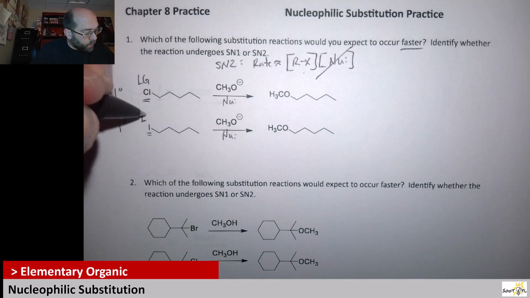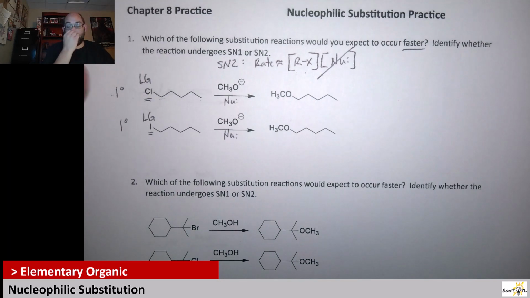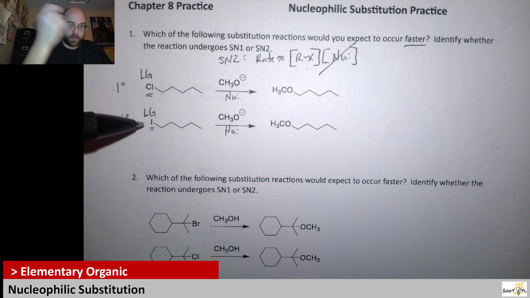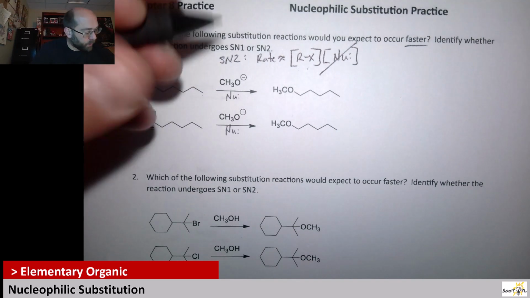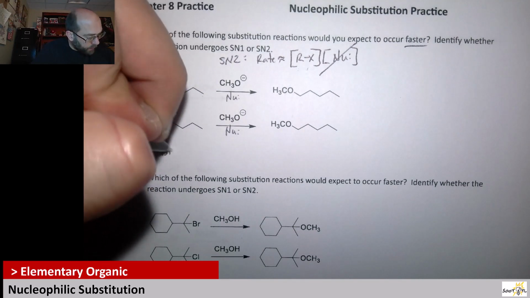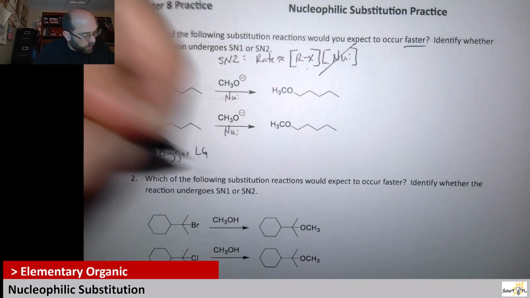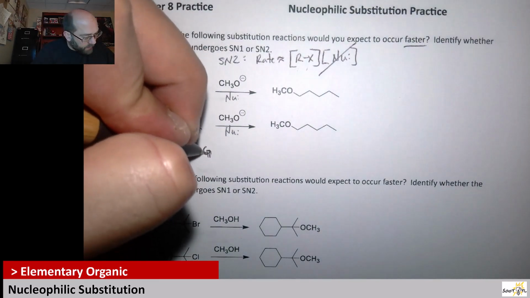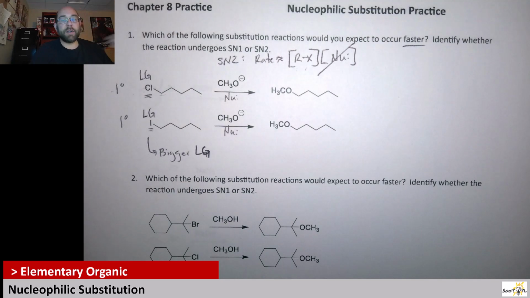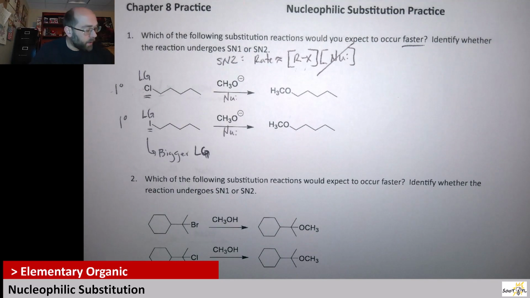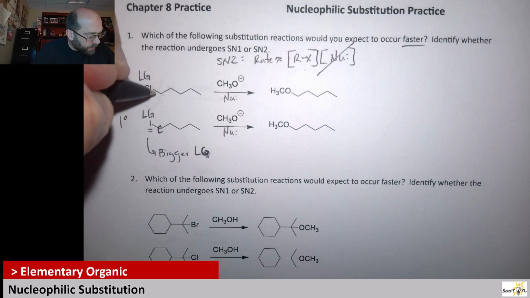So which one is the better leaving group? Well, for halogens, when you look on the periodic table, iodine is way down at the bottom, which means it's bigger. So this is a bigger leaving group. What does that mean? If that's a bigger leaving group, it's going to be easier to break this carbon halogen bond.